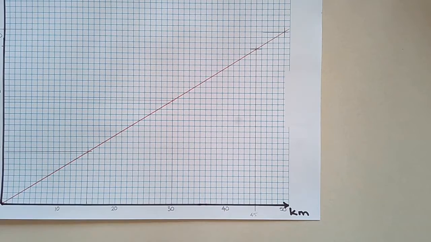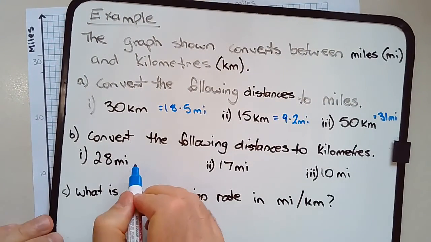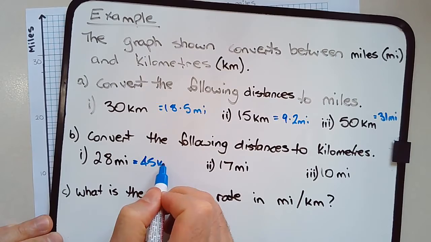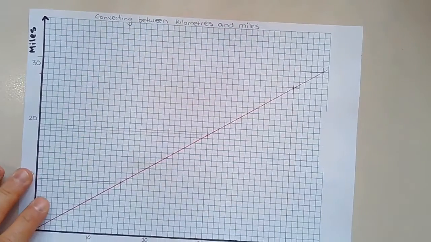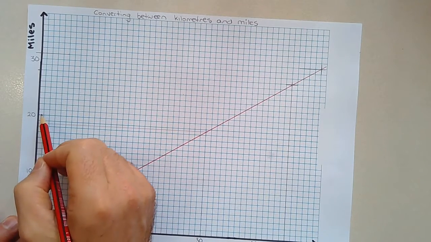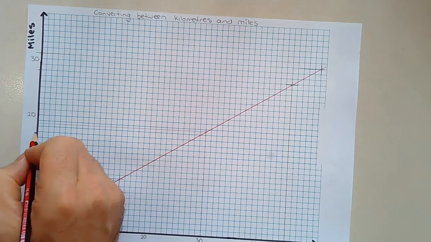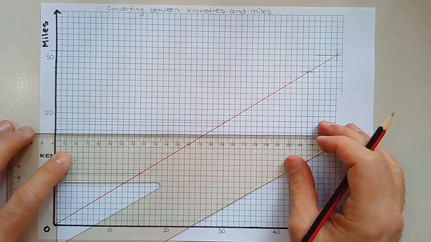So it's like 45 kilometers. 28 miles is around 45 kilometers. Okay, 17 miles. Again, we're just doing the same thing. So 20, 19, 18, there's 17. Okay, 17 miles, projecting across.